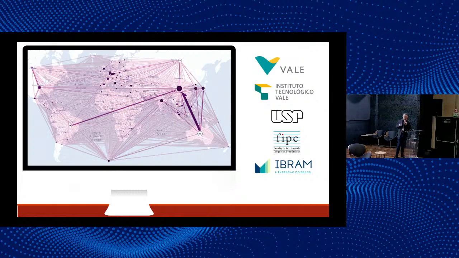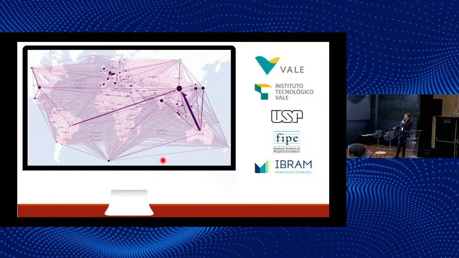It is a simulation model, not only for Brazil but for the world, where we are assessing what can be the economic impacts of the policies that are on the table for discussion at IMO, in terms of reducing, for instance, the GDP of the countries, or affecting some countries more than others.